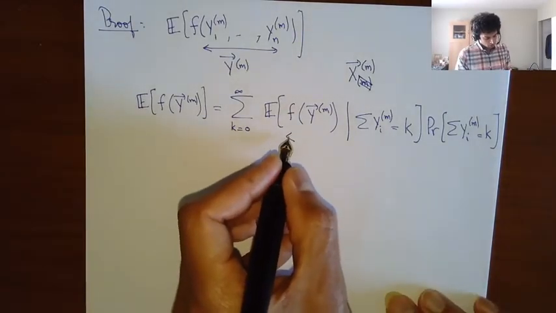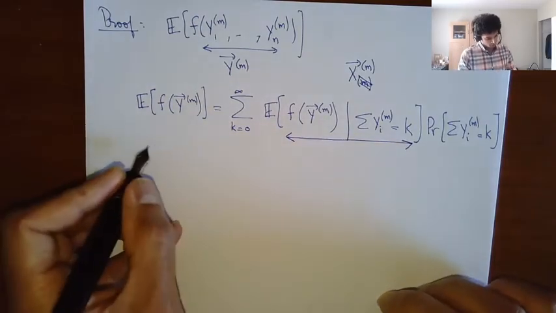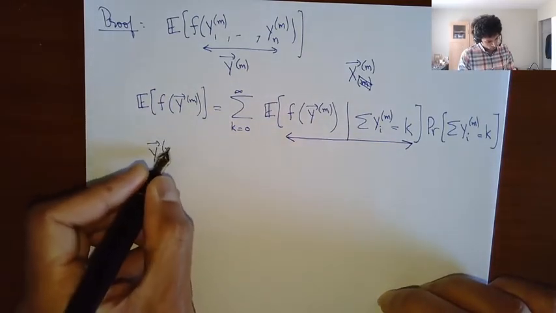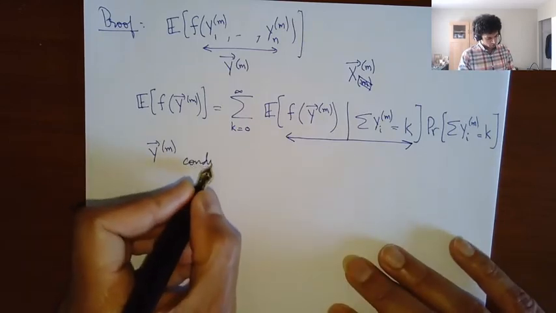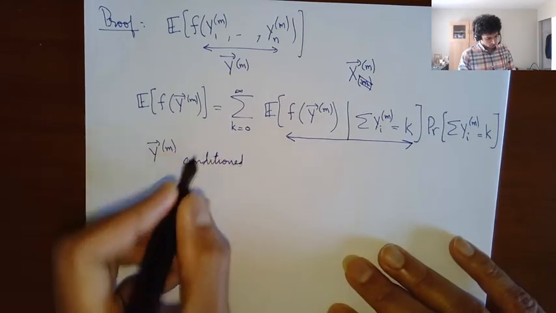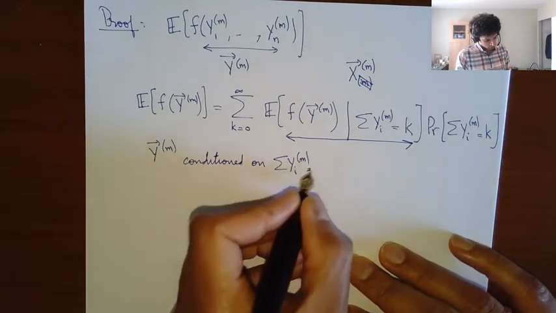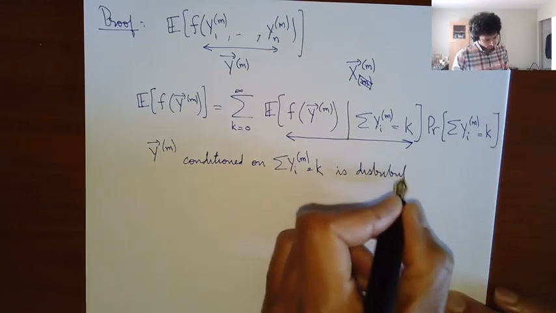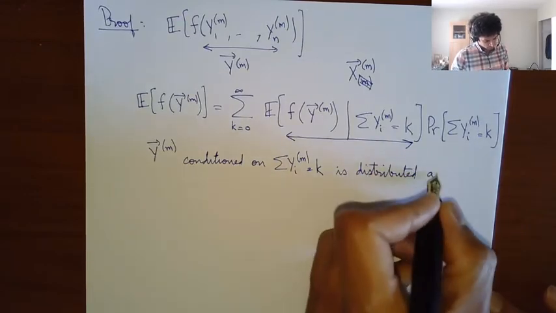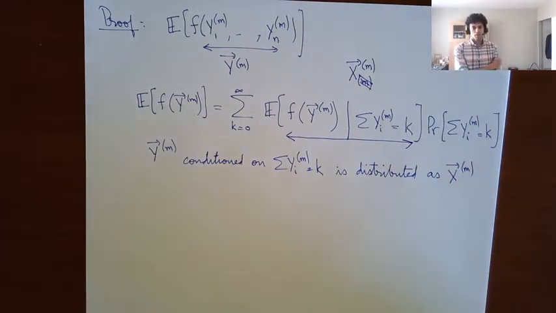Now note that this yi of m conditioned on summation y of m equal to k is distributed as the vector x of m, right?